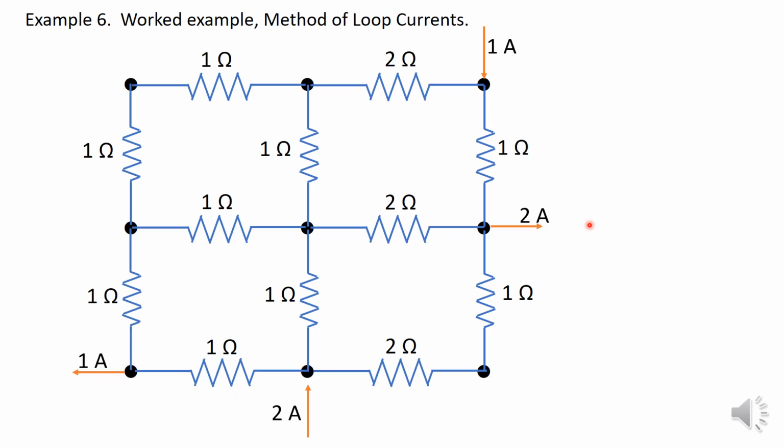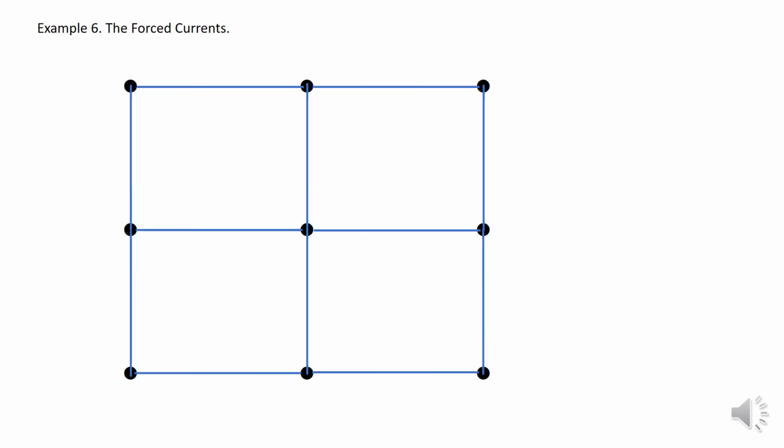So I find some way of forcing these currents into those nodes or out of those nodes. I want to find the currents in all of the branches of this circuit. So I'll show you how to do that using the loop currents.